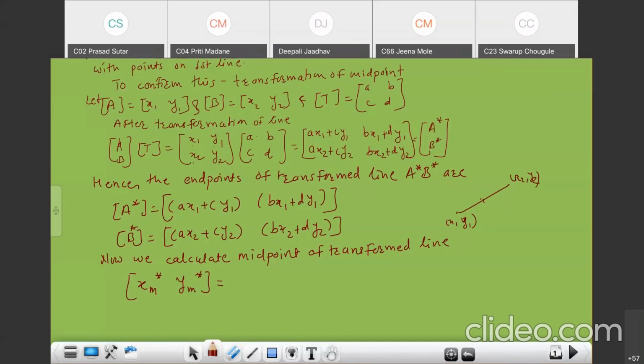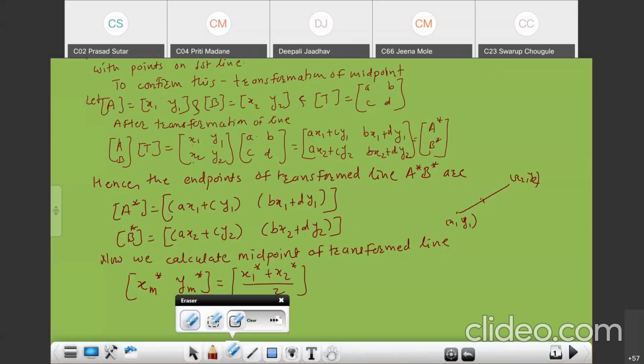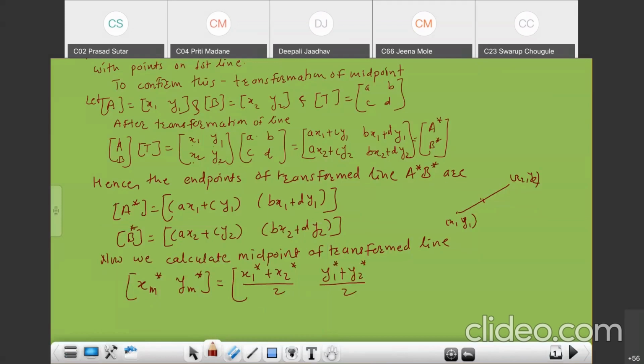So using this formula, it is x1 star plus x2 star divided by 2 and y1 star plus y2 star divided by 2. Okay.